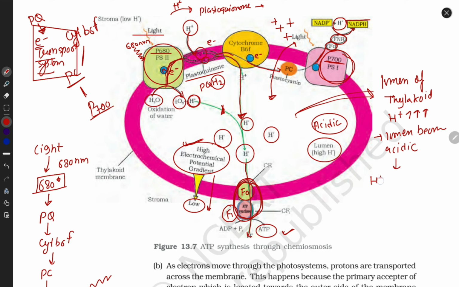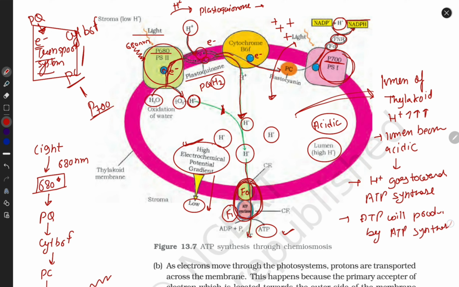Then H plus goes towards ATP synthase, and ATP will be produced by ATP synthase.